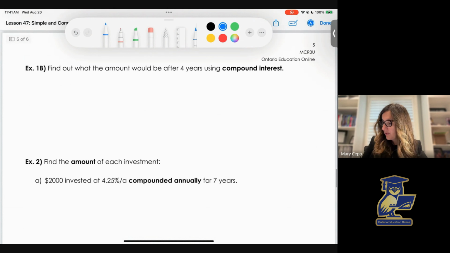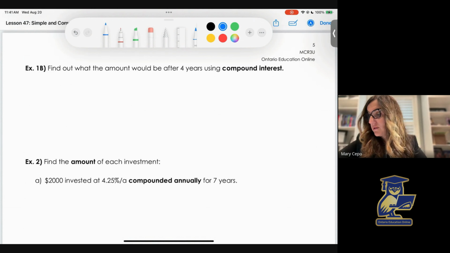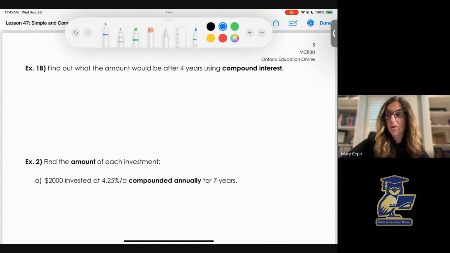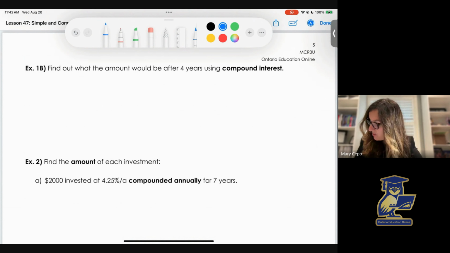Okay, let's find out what the amount would be after 4 years using compound interest. With that in mind, we're now looking at the compound interest formula. We know the initial amount, which was $1,000. With simple interest, we earned only $50. So let's see what happens here.